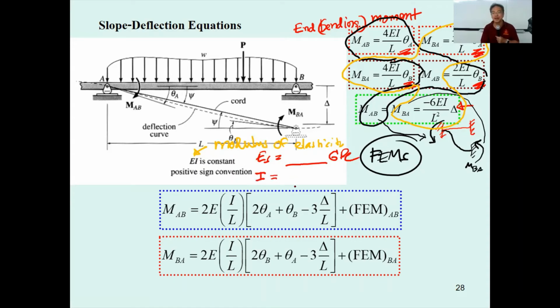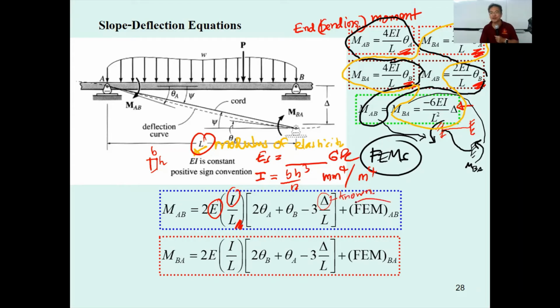The moment of inertia. If you have the section B and H, it is going to be BH cubed over 12, and it is going to be in the form of millimeter power 4 or meter power 4. You know E, you know I. The L is going to be the length. And then theta sub A, theta sub B, and the delta are the ones that you know.